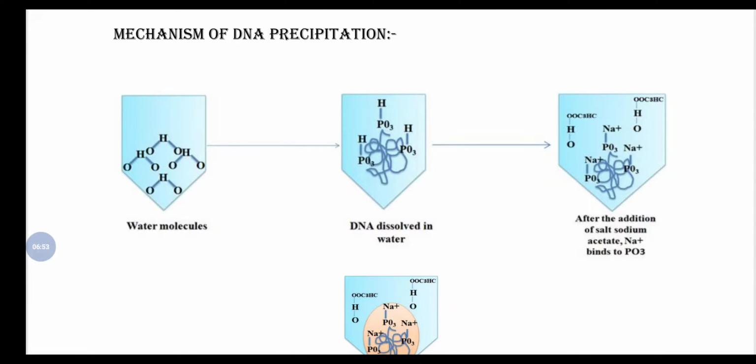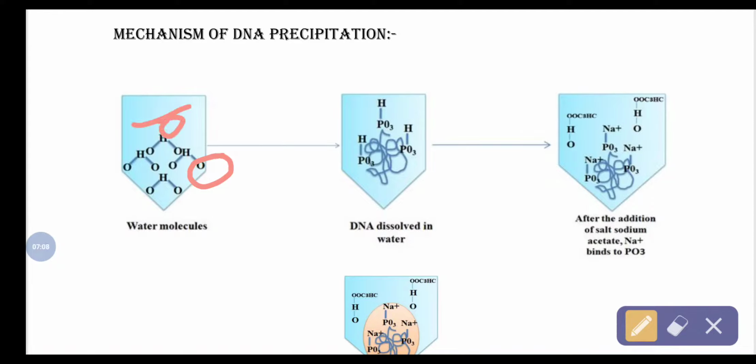So here you can see that this water molecule has a partially negatively charged oxygen atom there, and a partially positively charged hydrogen atom there. Okay, so these are present in ionic forms. So what happens? This positively charged hydrogen ion is going to react with the negatively charged phosphate ion of the DNA molecule.